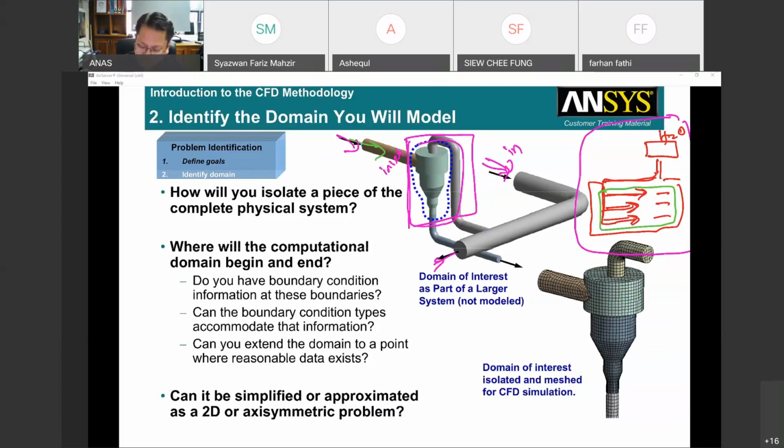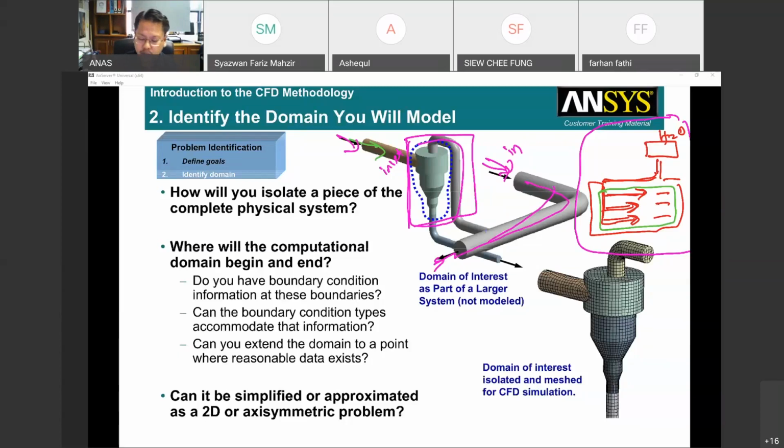You should also know the inlet over here, because it's connected. Sorry, this one is not connected to the system, so it's not a problem. So if you have a large system, instead of thinking about the whole system, try to simplify your model if possible to just one particular area that is important for your project.